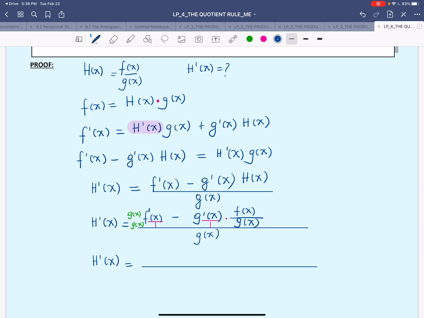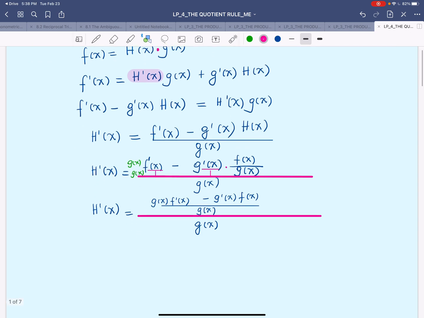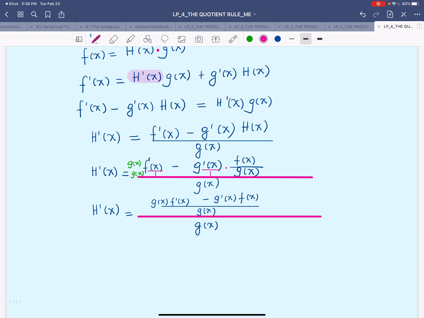So that would leave us with g of x f prime x minus g prime x f of x, and all this will be over g of x. And everything again over g of x. So remember that we have this big fraction in here as well, which continues to stay right here. I'm just highlighting it so that we won't mix it up with the fraction above it.